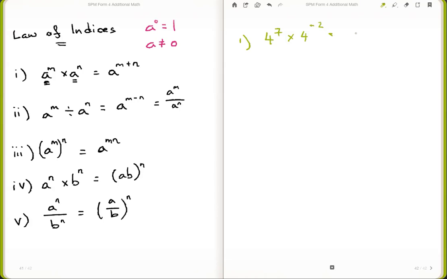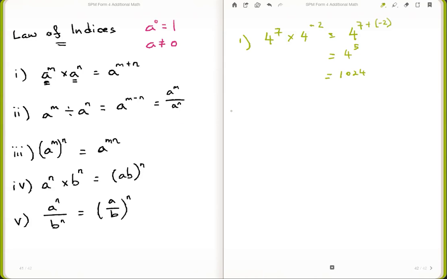Eventually, the answer would be equal to 4 power 7 plus negative 2. 7 minus 2, therefore, is 4 power 5, 4 to the power of 5. And you need to get the answer, put it in a calculator, it is 1024. You are supposed to know how to use your scientific calculator to get the answer.